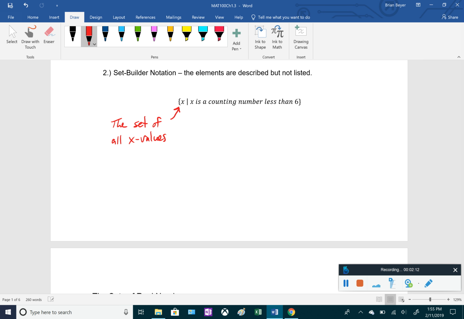And you don't really know what x is yet. The set of all x values, this vertical line is read as such that. And then you have this description to the right of it. So it's the set of all x values such that, and then you read off the description. And the description here is x is a counting number less than 6. So you can see how it's described but not listed.